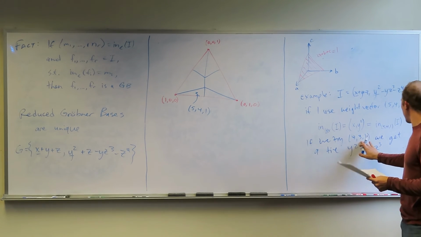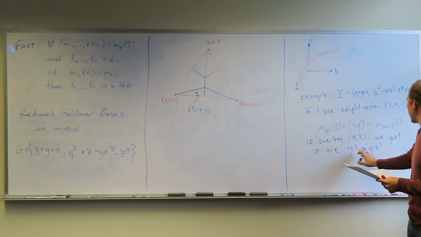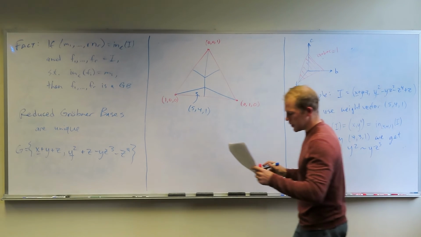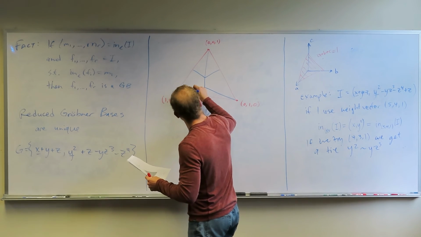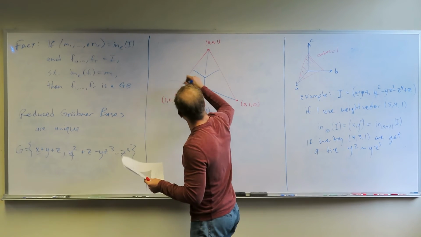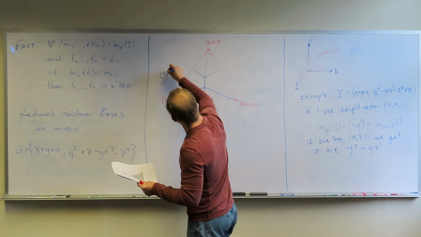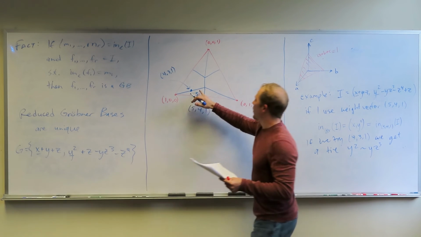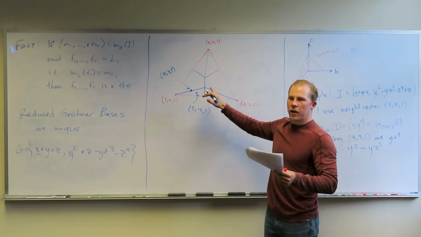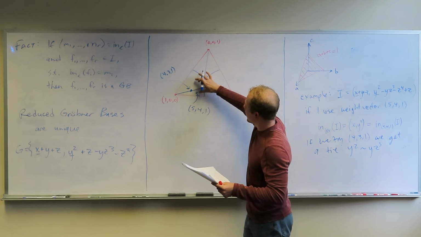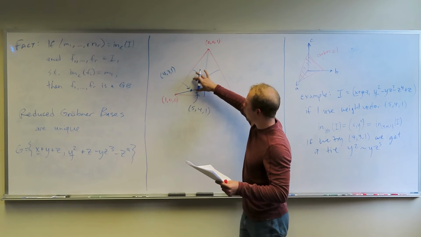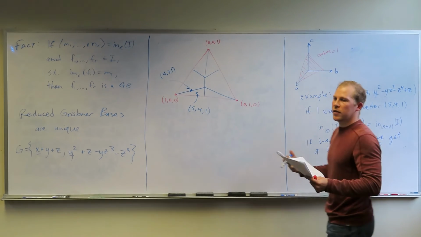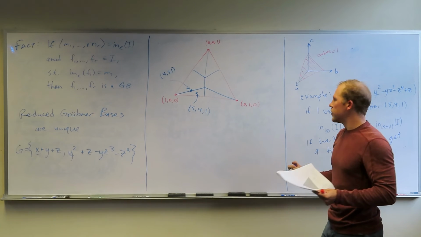Right? But we saw that 4, 3, 1 gave us a tie between y squared and yz cubed. And that's because 4, 3, 1 sits on this boundary here, right? And so this is trying to satisfy two different Gröbner bases at once, and it just fails to define one at all.